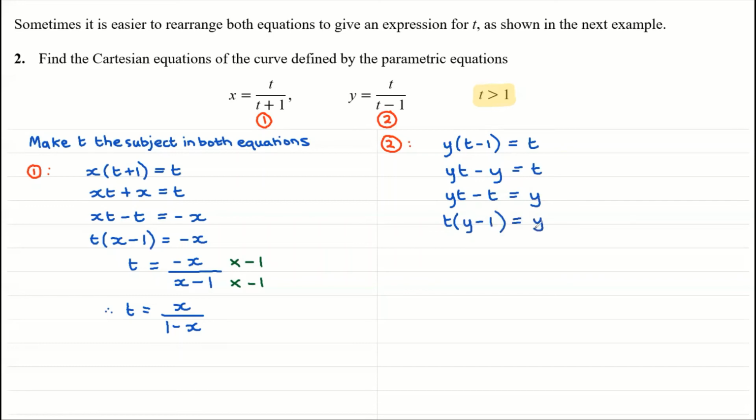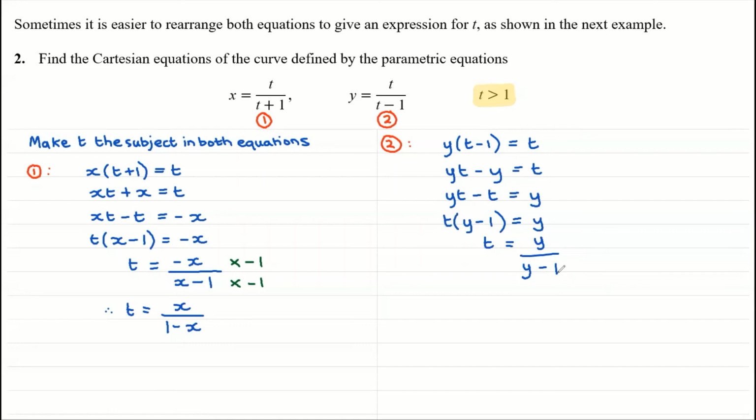Equals y. Okay, and now we can divide by y subtract 1. Okay. So that's that. Nothing wrong with the presentation there.